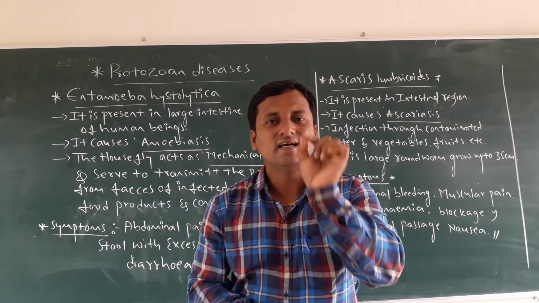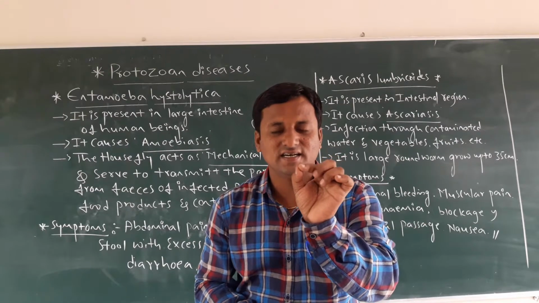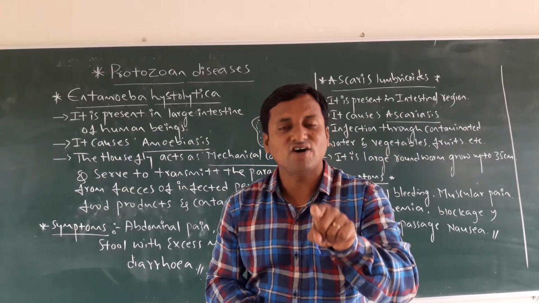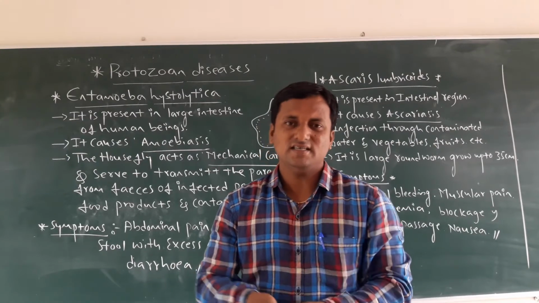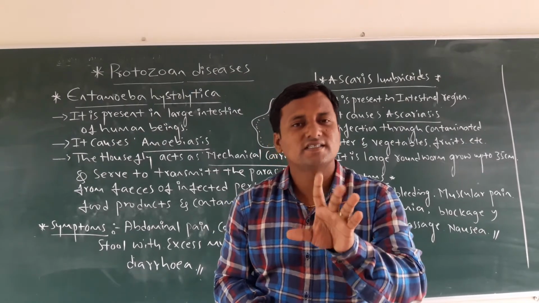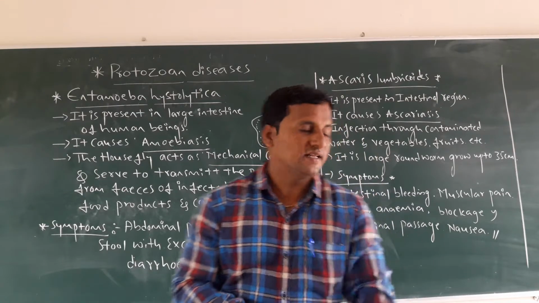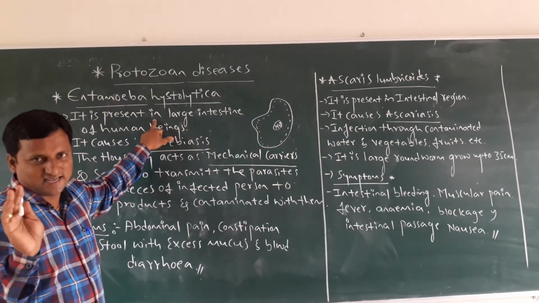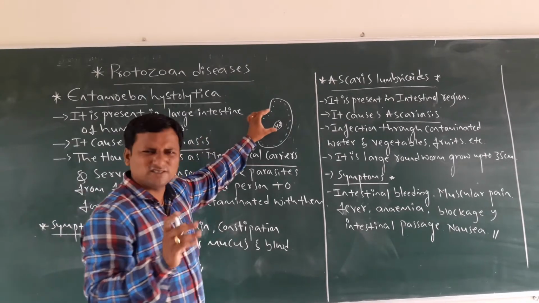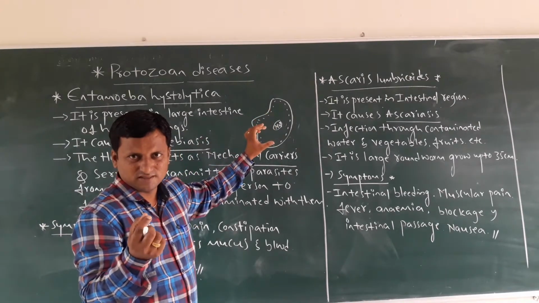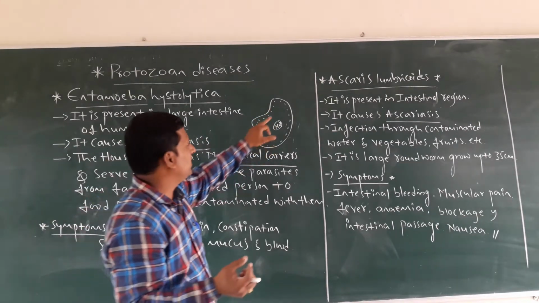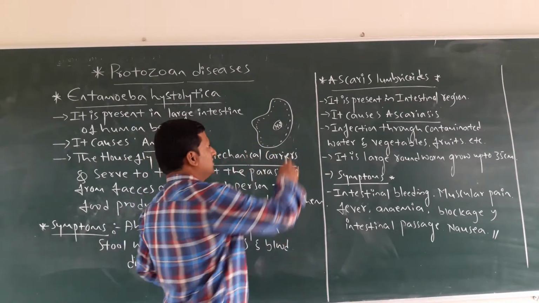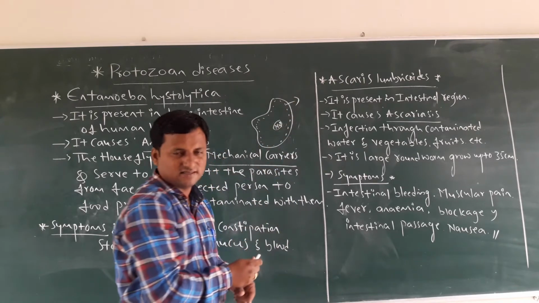Anaerobic means absence of oxygen, meaning it lives in conditions of absence of oxygen. Aerobic means presence of oxygen. Next, it is present in the large intestine. See the structure. It is very minute, microscopic. It has this type of structure, and this is the nucleus, and this is the endosome layers.